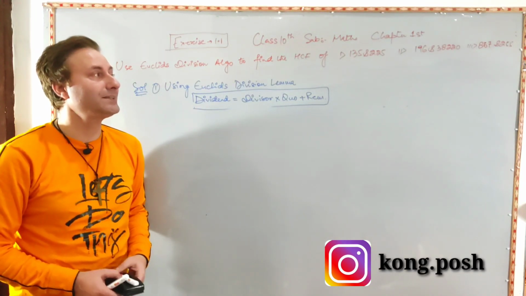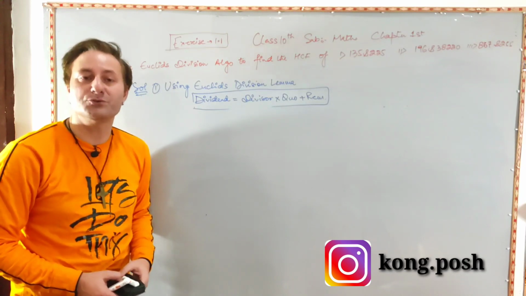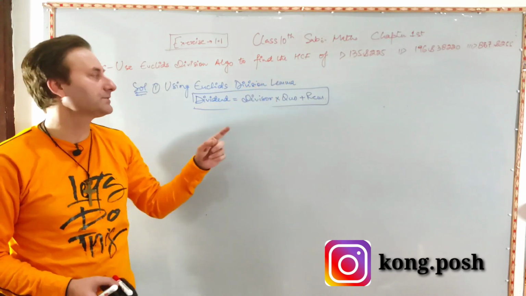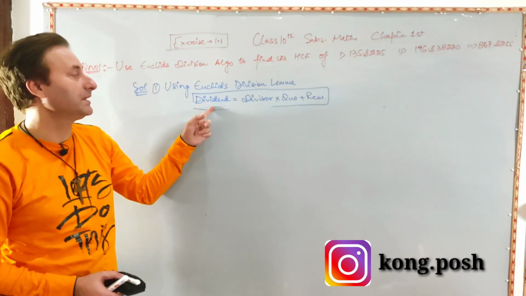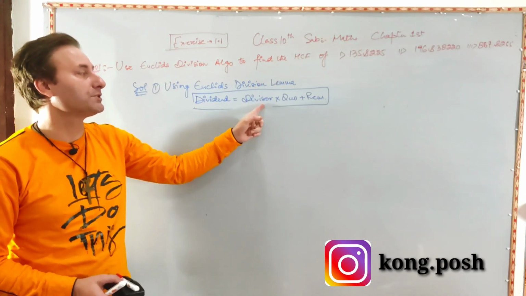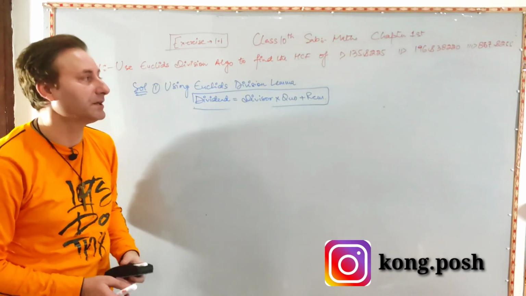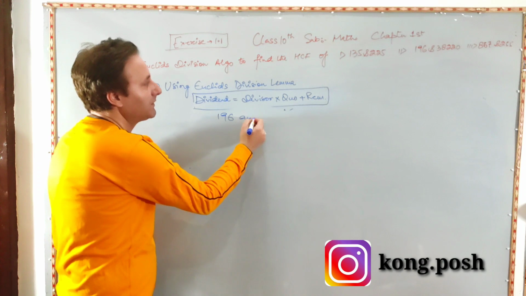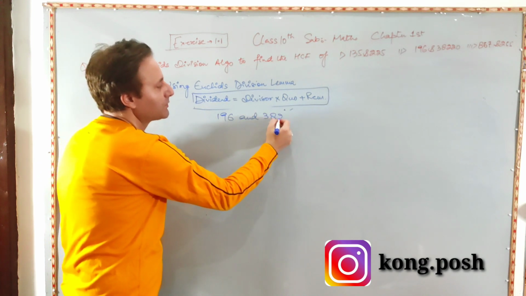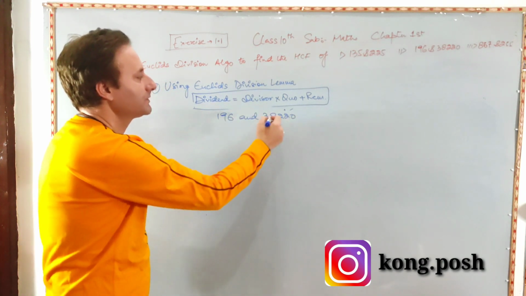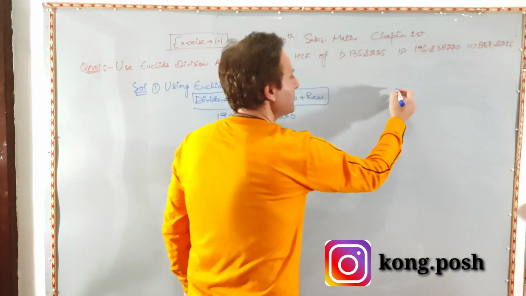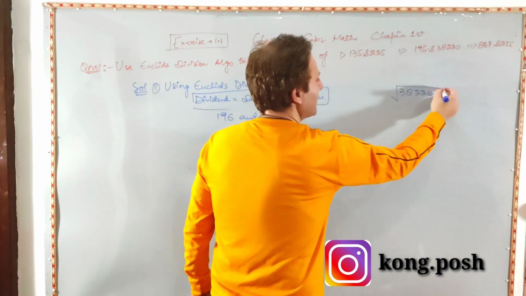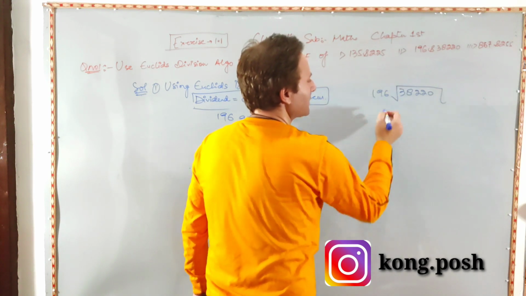It says 196 and 38220. So we will use the same Euclid's division lemma for all the parts, and the same formula will be there, that is dividend is equal to divisor into quotient plus remainder. So I'll take this 196 and 38220. So this is the bigger one. So 38220 divided by 196.